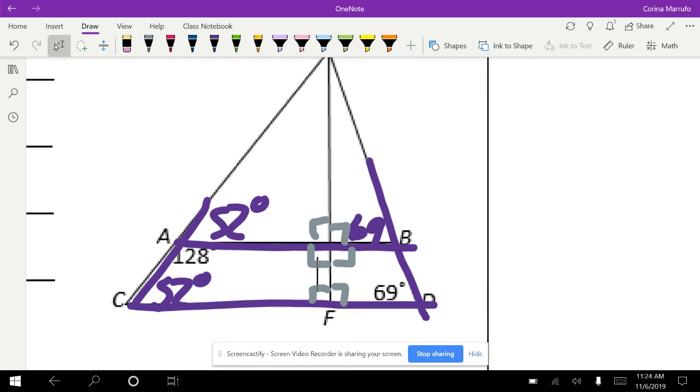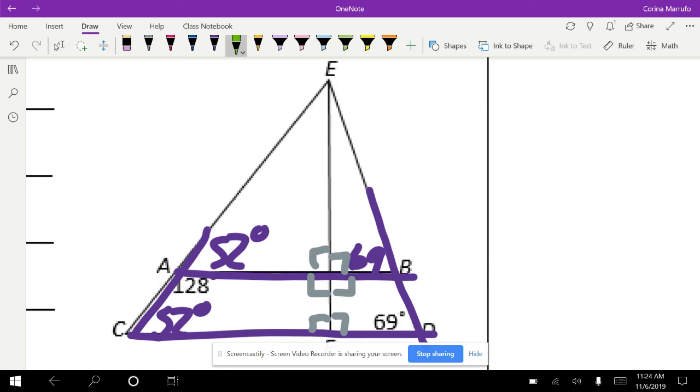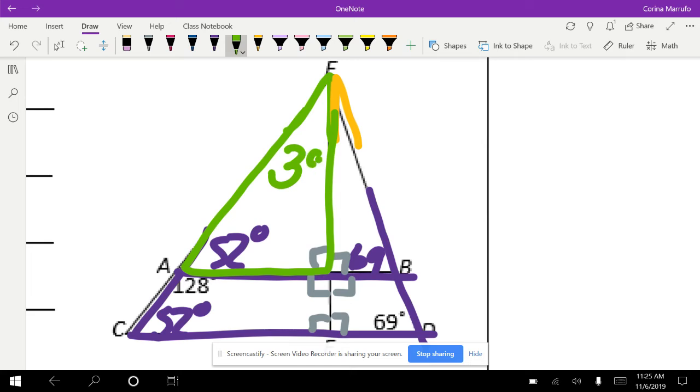So then last, we need to find these angles up here. So this one and this one. So if you notice, this angle here makes a triangle. So 90 plus this number plus the 52 should all equal 180. So this is going to be 38. 28? Is it 28? Let me see. Yeah, 38.